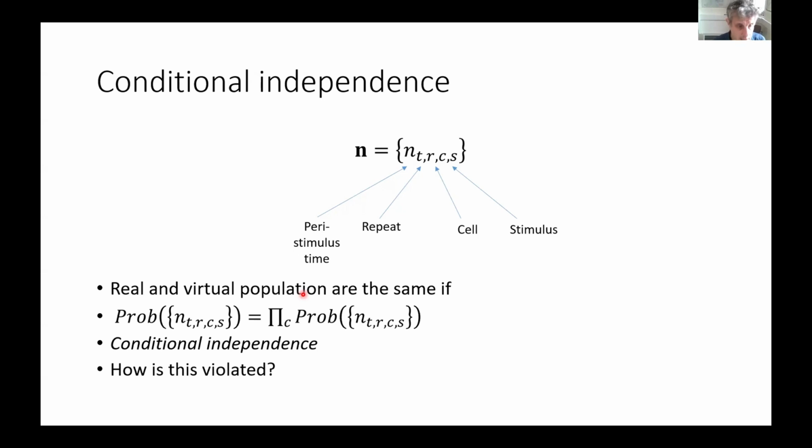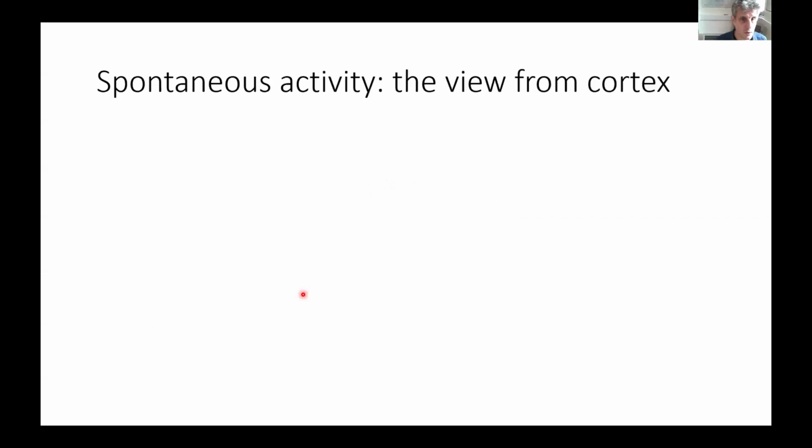That's called conditional independence. If you had conditional independence, you didn't really need a simultaneous recording. So what we want to understand is how conditional independence is violated, because that's what tells us that we actually did need to do a population recording.